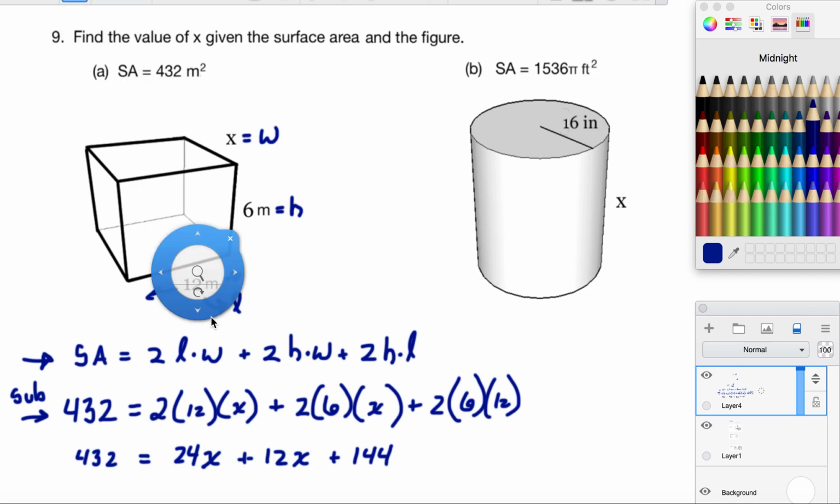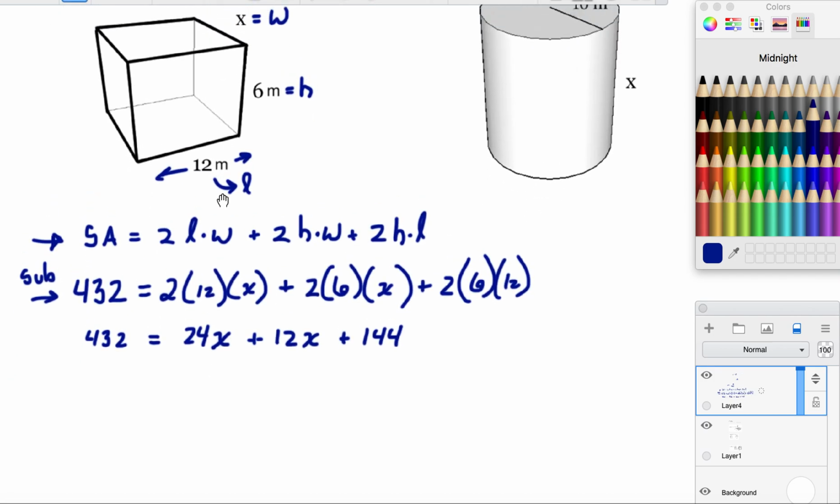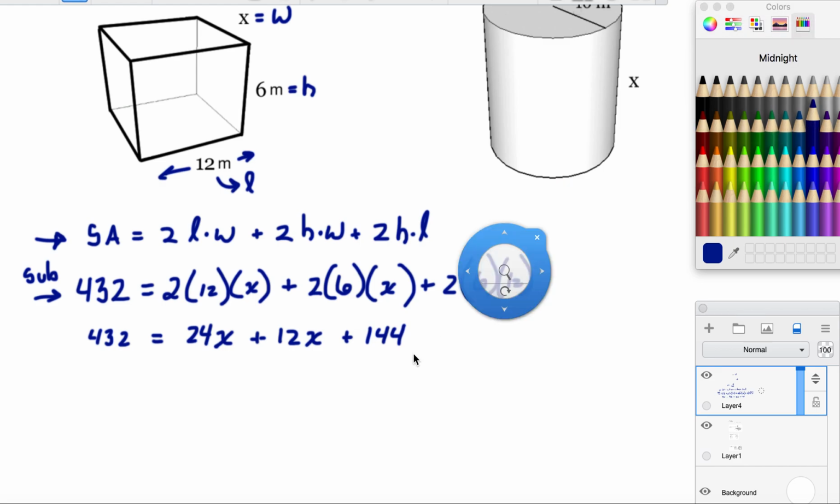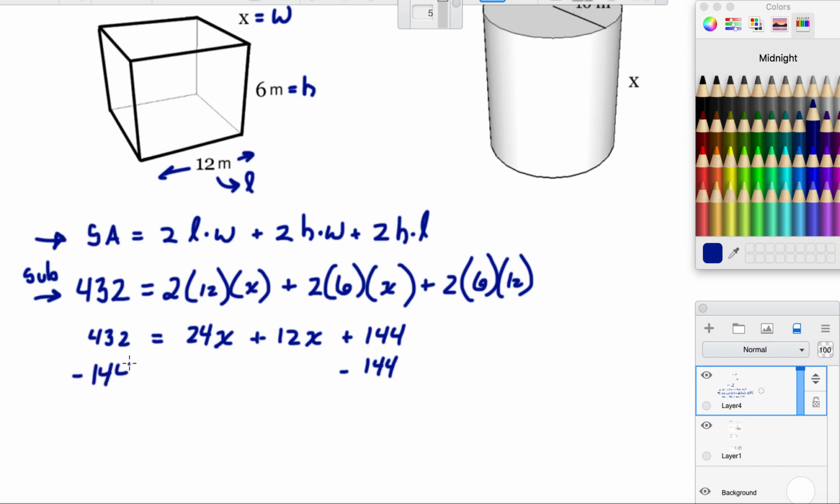Okay, now we need to subtract 144 from both sides. And that's going to give us, what is that going to be? Let's see, we're going to borrow a 2 here.